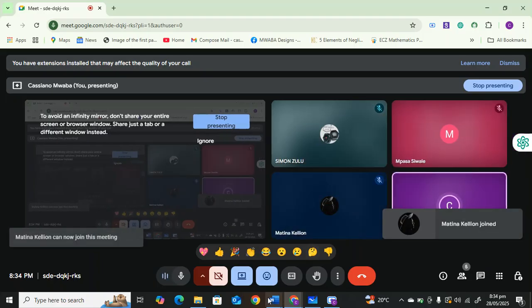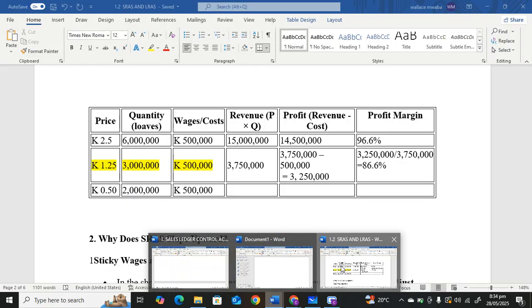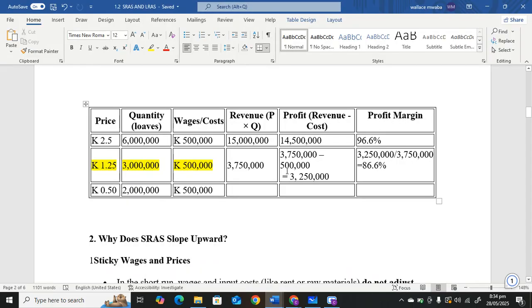Then also when price levels go down, the opposite happens. The price level goes down, it means it won't be very profitable for the business to be producing as much as they were earlier on. They might need to reduce prices.